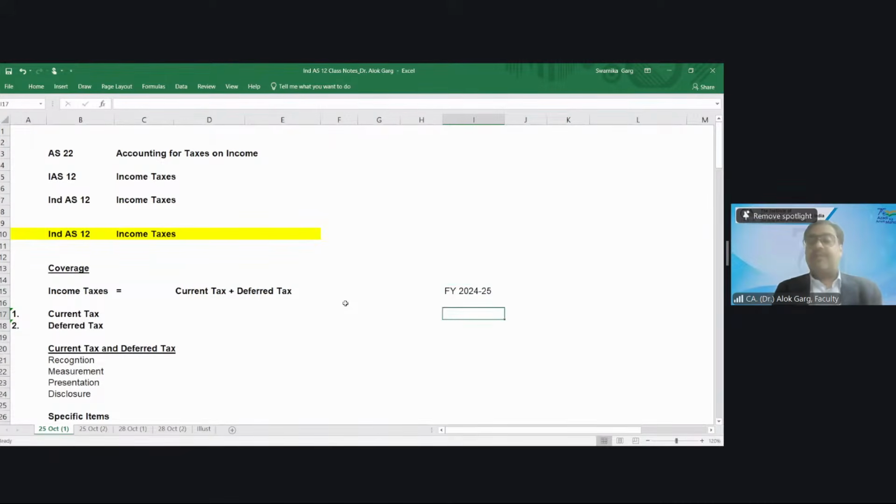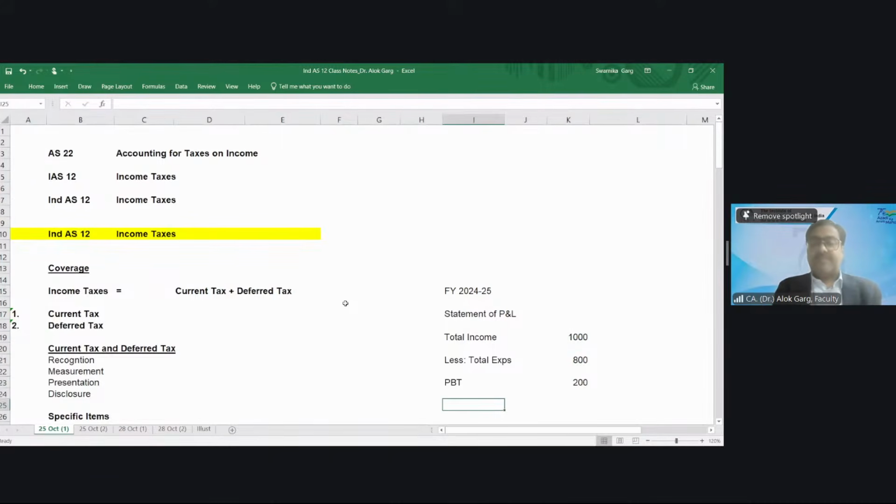And this company has also prepared a statement of profit and loss, right? This company has a revenue, and instead of revenue, let me write total income. Then there are total expenses. Total income is, for example, let's say 1,000 crore. Less total expenses, let's say 800 crores. Then your PBT is 1,000 minus 800, which is 200 crores.